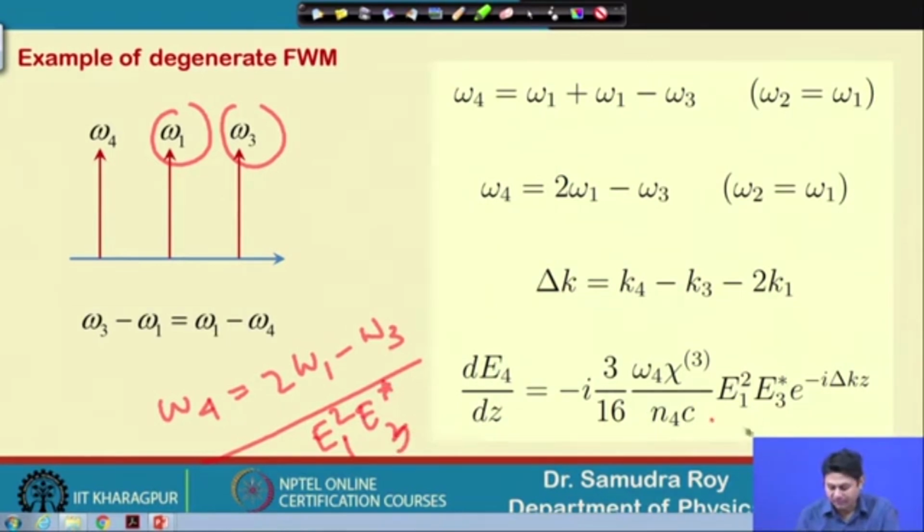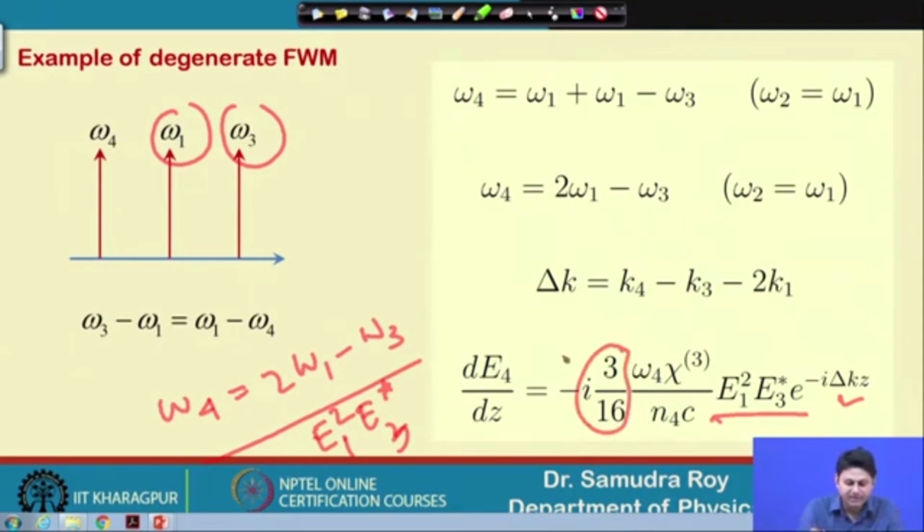So, this quantity, the phase term will come as usual. Only thing that you note is that since E1, E3 and again E1 is used, there are no 4 distinct fields associated with that. So, the degeneracy factor will be not 6, but 3. So, when we use the degeneracy factor 3, this quantity is going to change slightly.